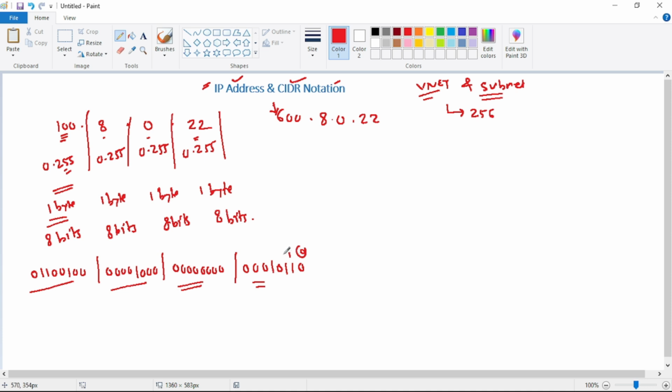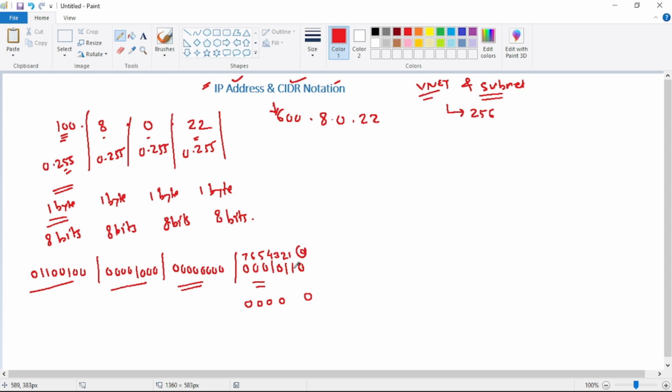Now this is my second position, this is my third position, this is fourth position, this is fifth position, this 0 is sixth position, and this 0 is seventh position, right? So again, this 0 means 0, and these 3 zeros too. So what we have is 1 over here, 1 over here, and 1 over here.